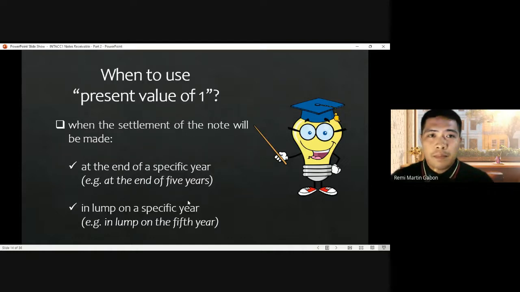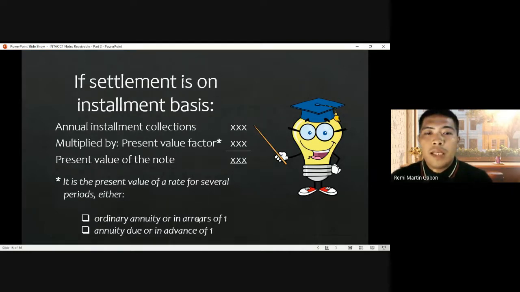Okay? For installment basis, it is the annual installment collections multiplied by the present value factor. The present value factor is referred to as the present value of a rate for several periods. So we are already accumulating the present value factors for several periods.